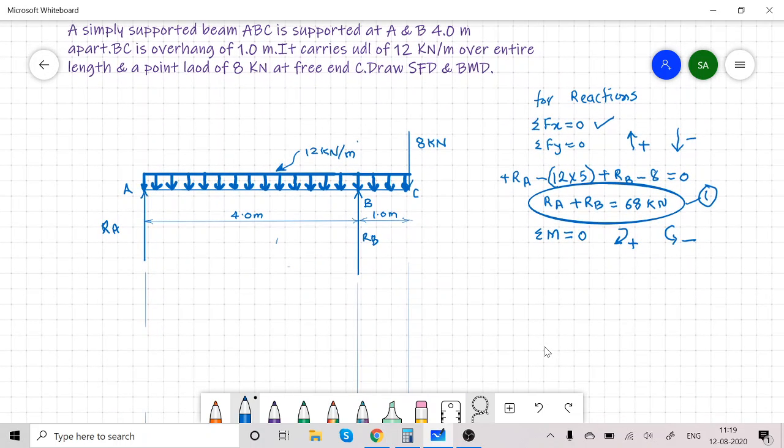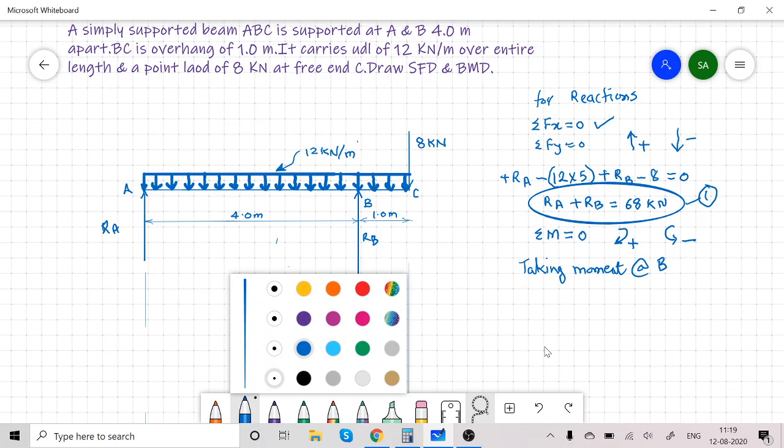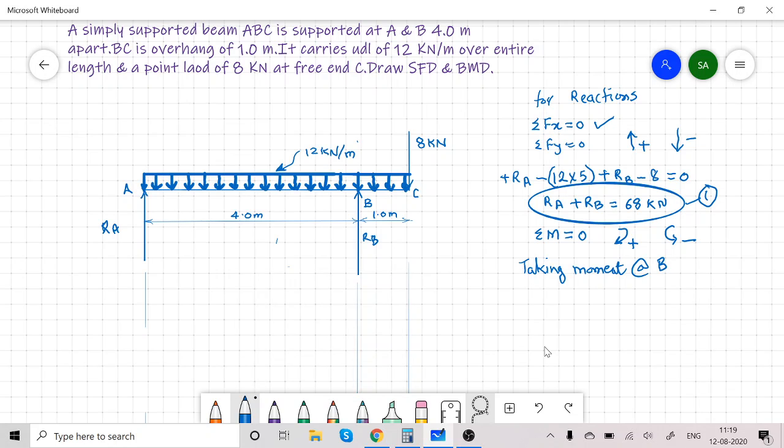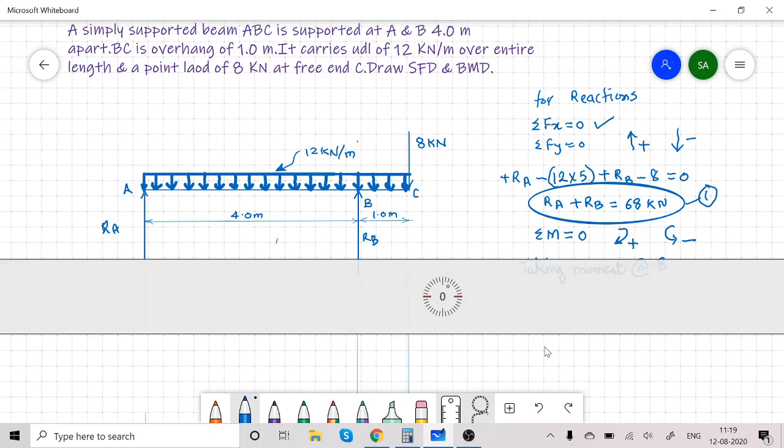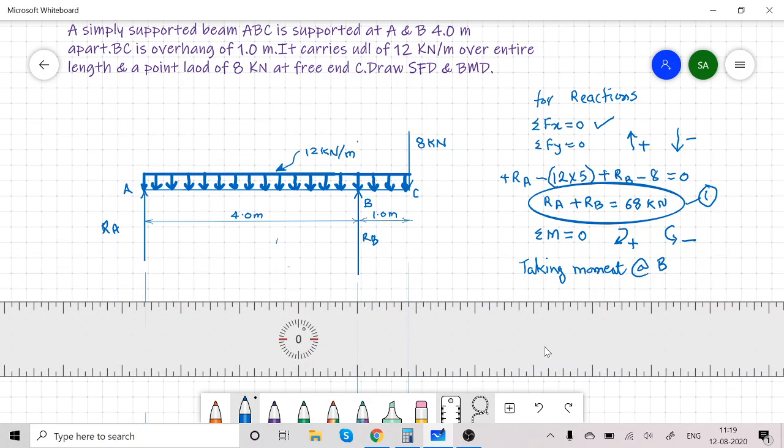Now, let us take moment about say B. Now, to calculate the distance of UDL from B, I will draw a separate sketch here below this beam.